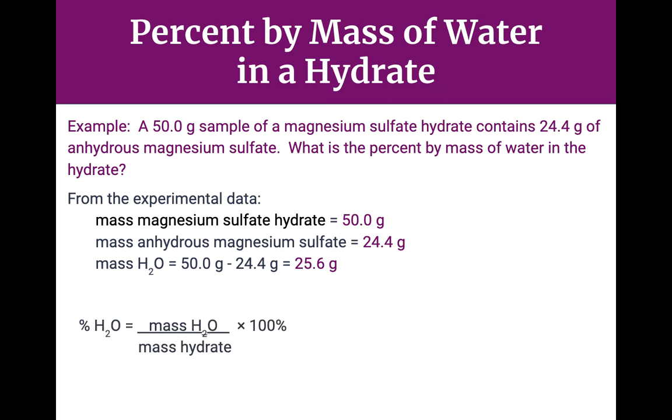So the percent of water is going to be 25.6 grams over 50 grams times 100%. And this gives us an answer of 51.2%. And in this case, the masses we used were only accurate up to 3 significant figures, so our answer can only have 3 significant figures.